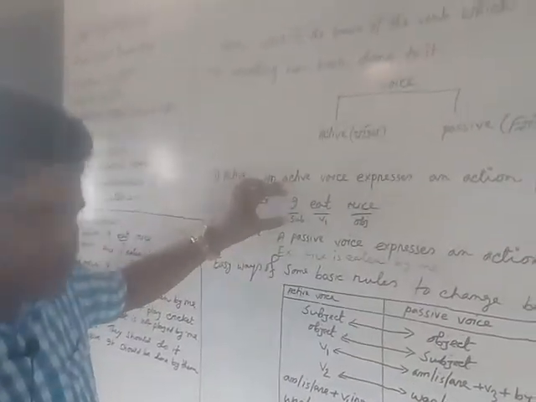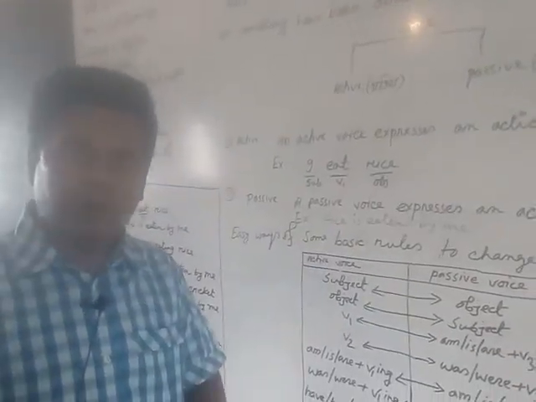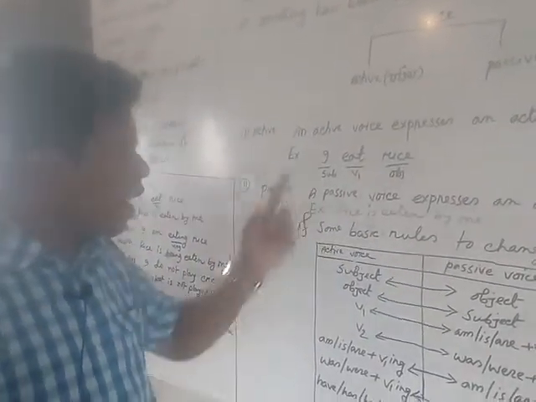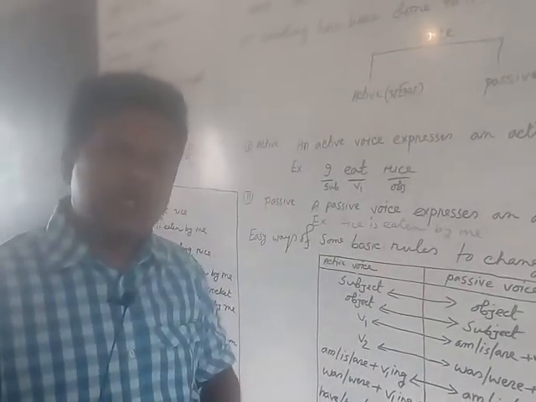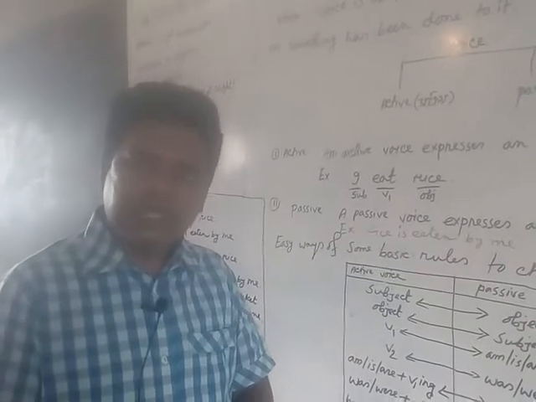Here I is subject, eat is verb 1 and rice is object. Here subject I does his work by himself and that is why it is active voice.